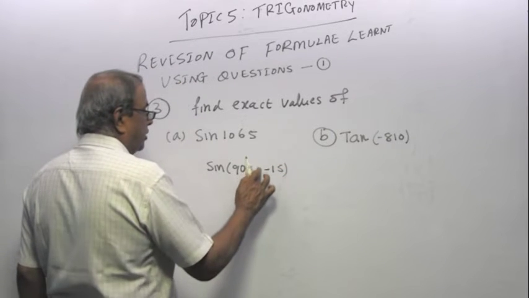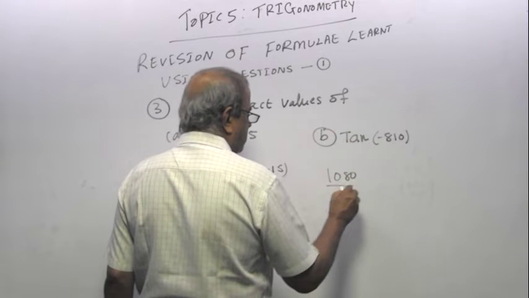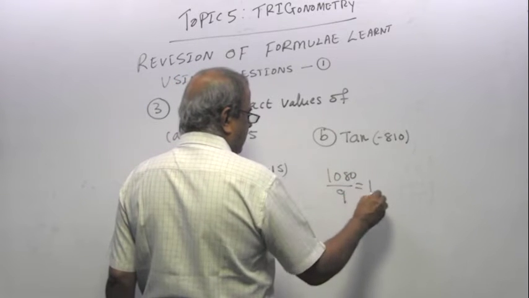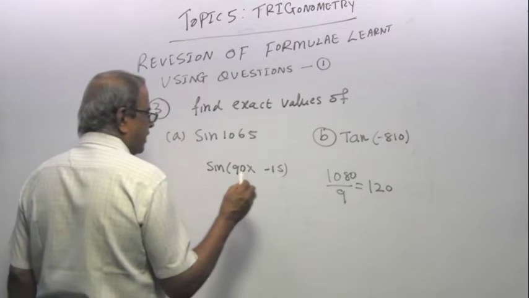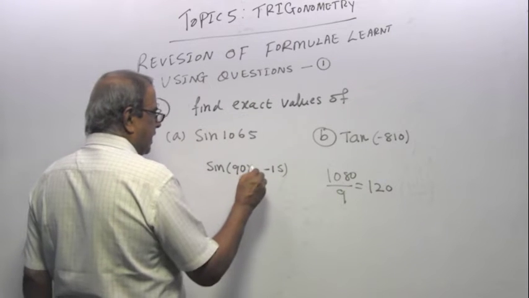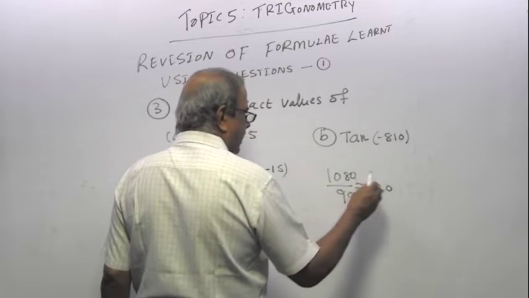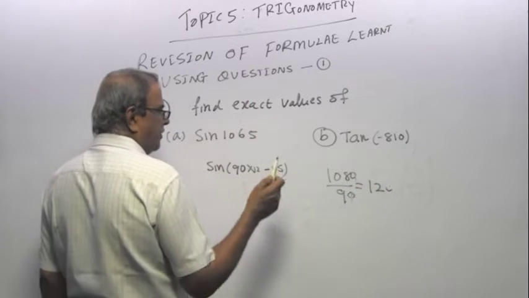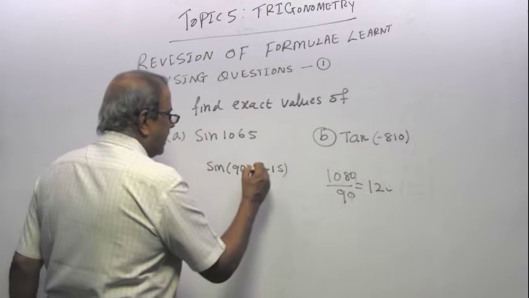No. 1080 divided by 90. 9 1s are 9, 118, 120. So it is 90 times 12. So 90 times 12 minus 15, not 11. That's correct. 12 is an even number.